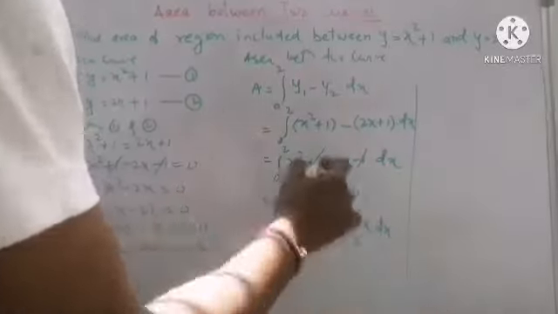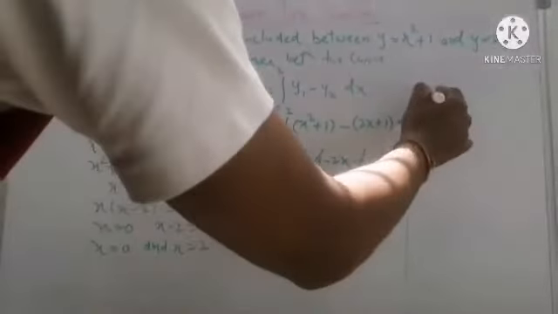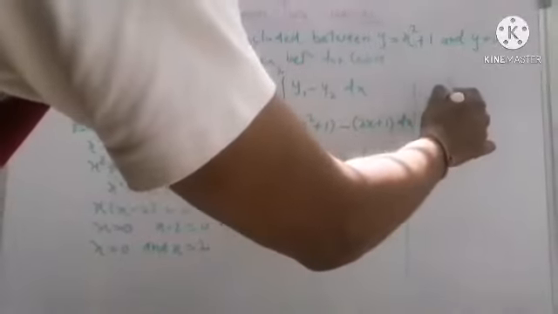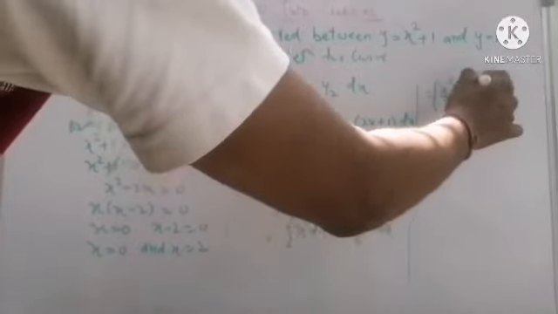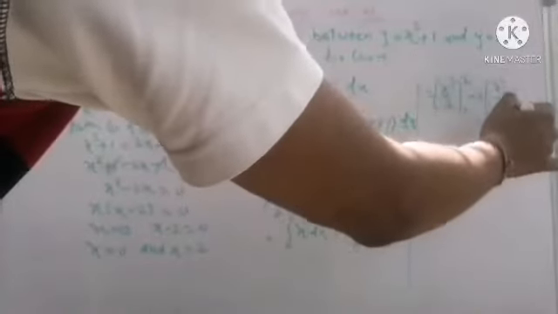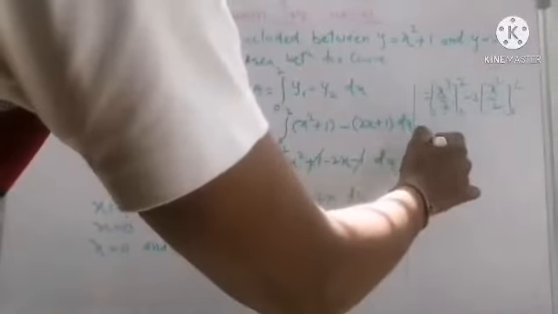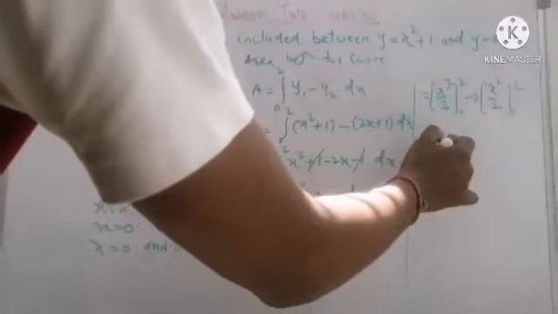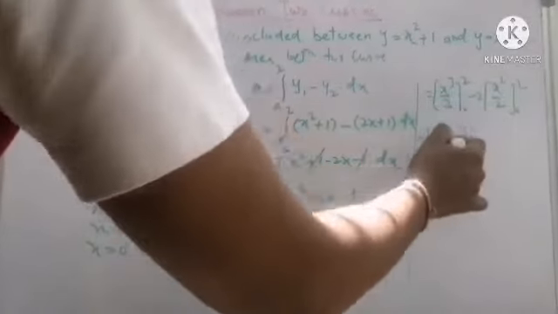Now we take the simple integration of the first term x square as x cube by 3 with limit 0 to 2, minus 2 into, as the second term x has integration x square by 2 with limit again 0 to 2. Now 1 by 3 is a constant. Upper limit is 2, so the upper value is 2 cube, which is 8. Lower limit is 0, so the lower value becomes 0.